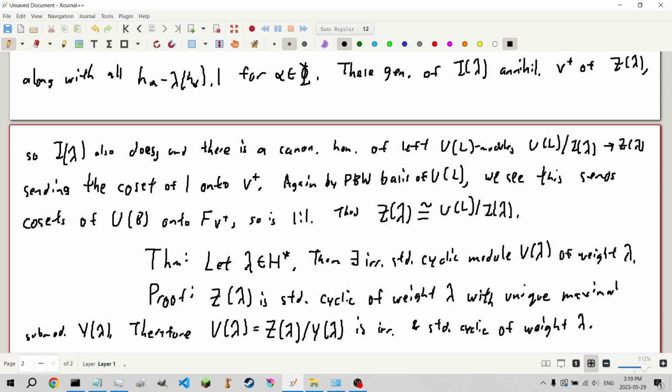And so for our next two sections we're going to look at, first off, which of these V lambda are finite dimensional, and then for finite dimensional V lambda, which weights occur and what multiplicity they have, to get a better idea of their structure.